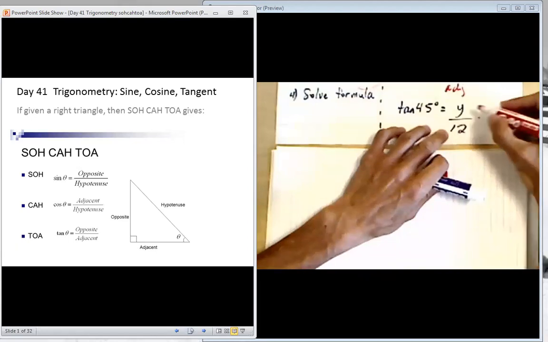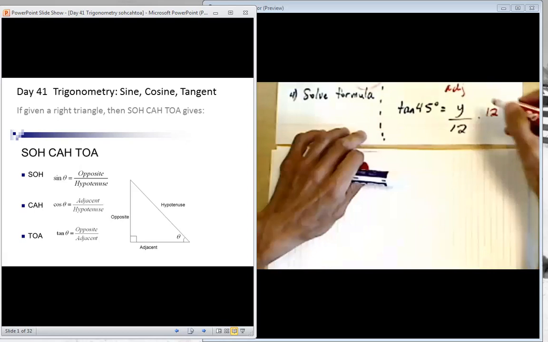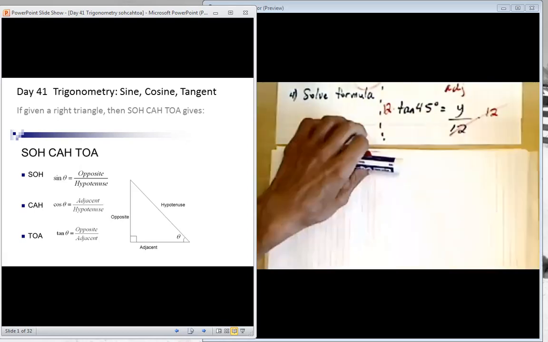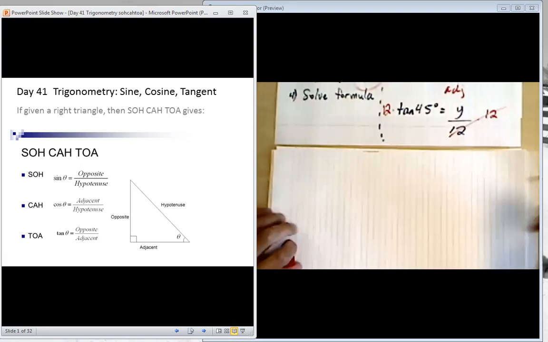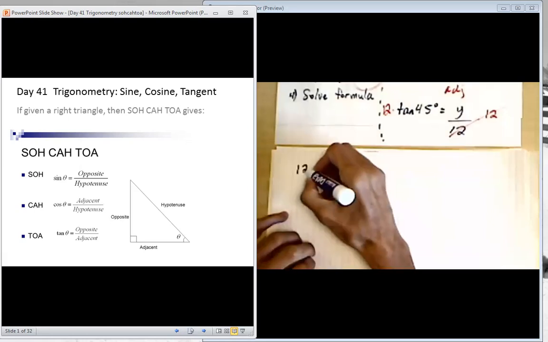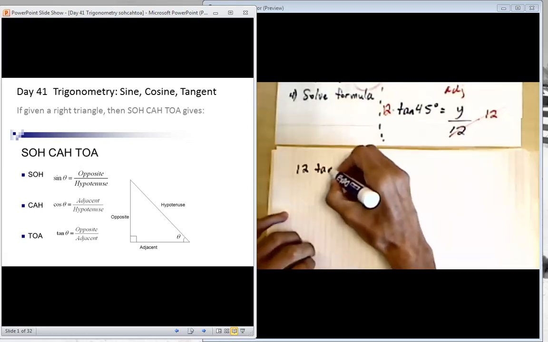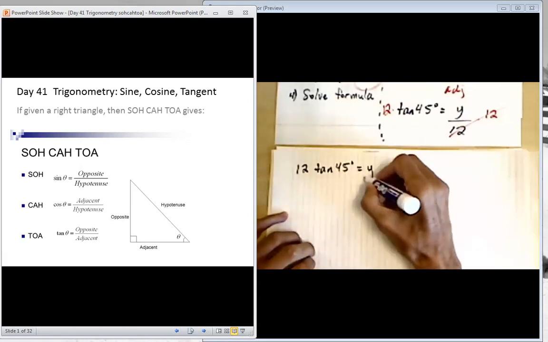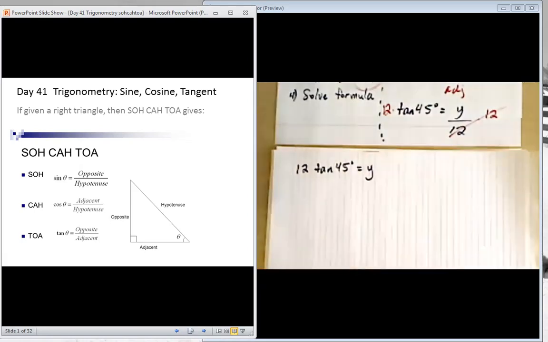So it's y divided by 12, so we multiply by 12 on both sides. Those will cancel out, which is the goal. And we get this expression, 12 tangent of 45 being equal to y.